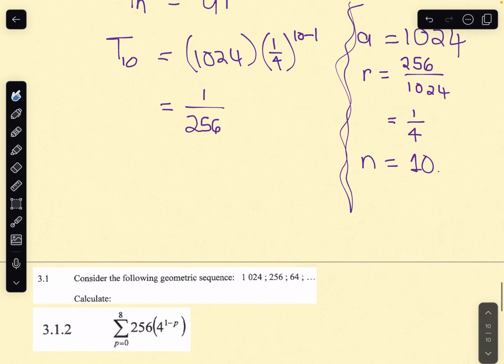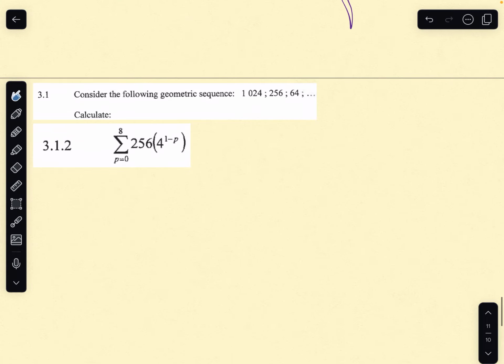Then the next part of the question, we're looking at the same geometric sequence, and we're asked to calculate this sum. It is the sum from p equals 0 until p equals 8 of 256 times 4 to the 1 minus p, the term we are adding each time.